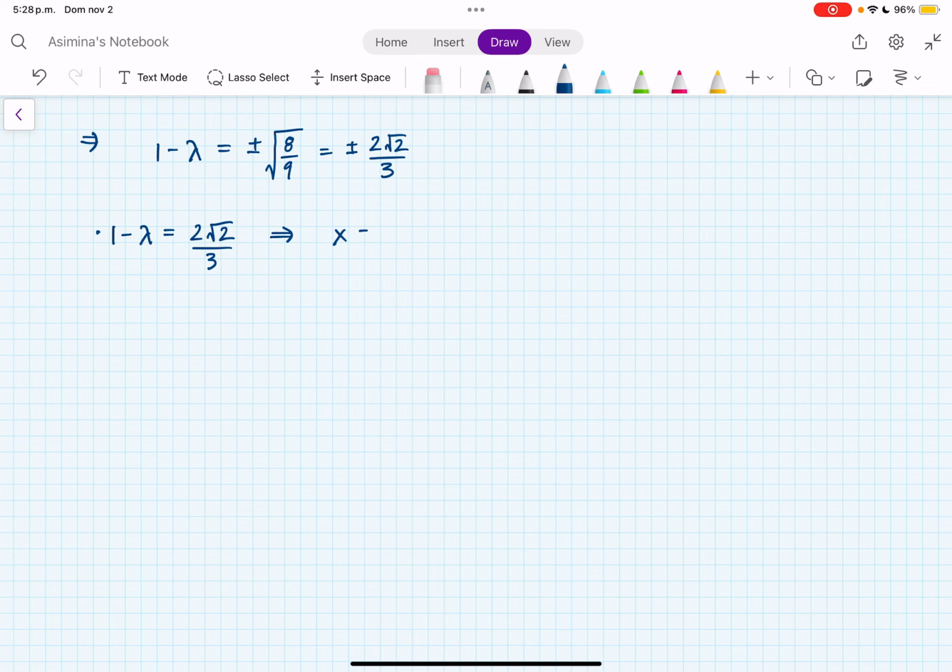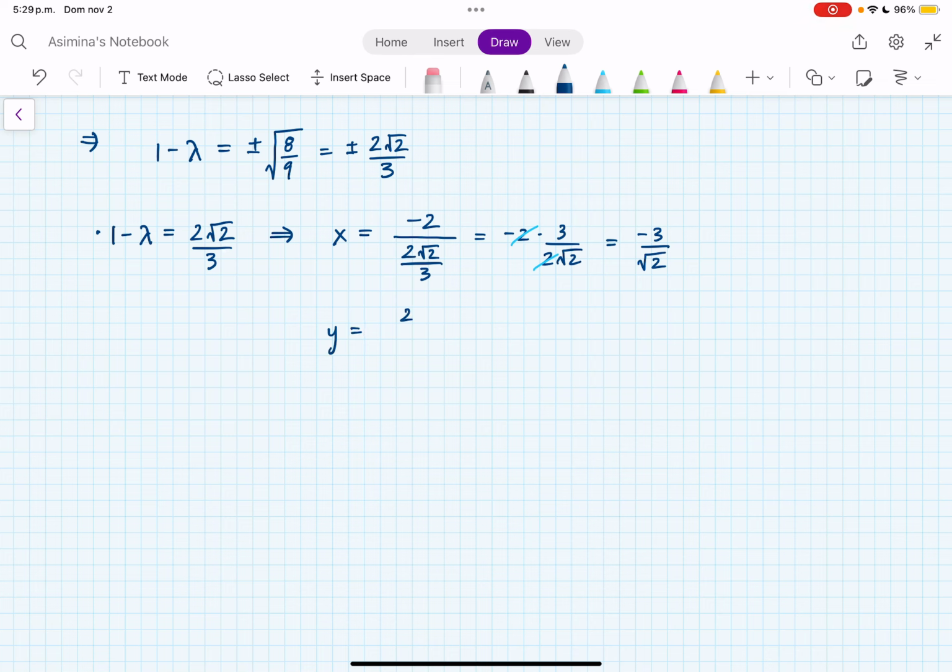Well, x is equal to negative 2 over 1 minus lambda, so negative 2 over 2 root 2 over 3. So this is negative 2 divided by 2 root 2 over 3, which is the same as multiplying by the reciprocal, so times 3 over 2 root 2, and we see these 2's cancel out. So this is equal to negative 3 over root 2. Now what do I get for y?